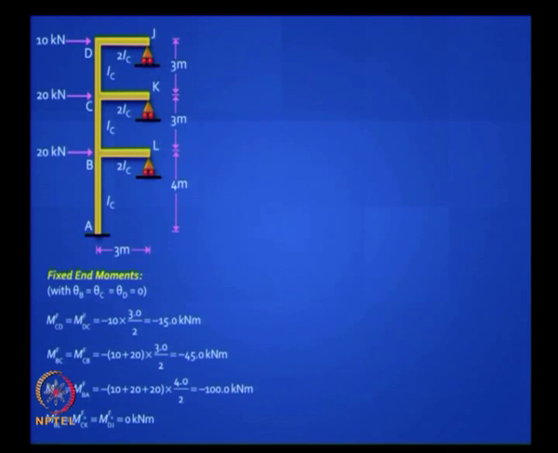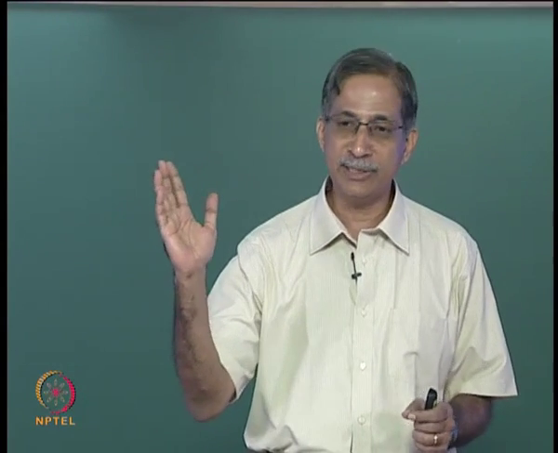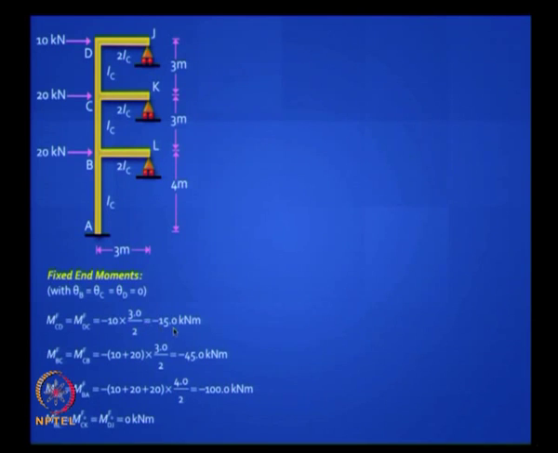So what will be the shear in that column DC? What will be the shear? The shear will be 10, because the entire 10 comes here, nothing goes to the roller support. So the fixed end moments will be 10 into 3 by 2. Will it be clockwise or anti-clockwise? Anti-clockwise, because the chord rotation is clockwise. So that is a simple calculation. Minus 10 into 3 by 2 is minus 50, does not take any time.